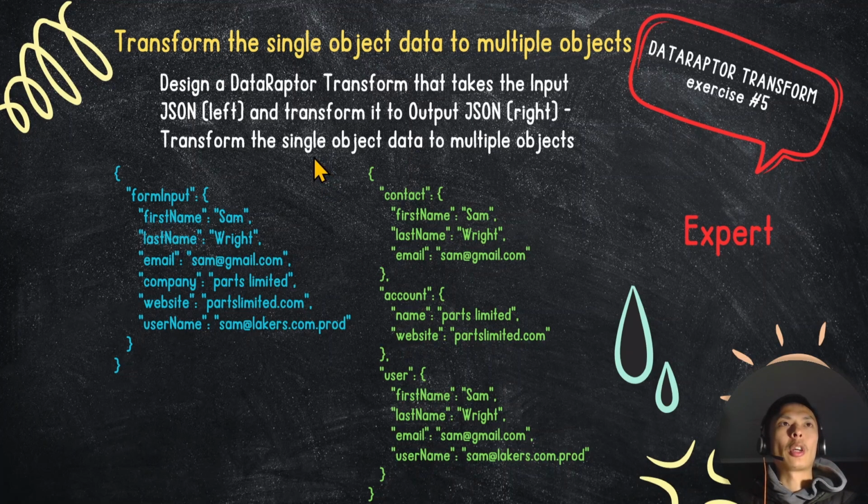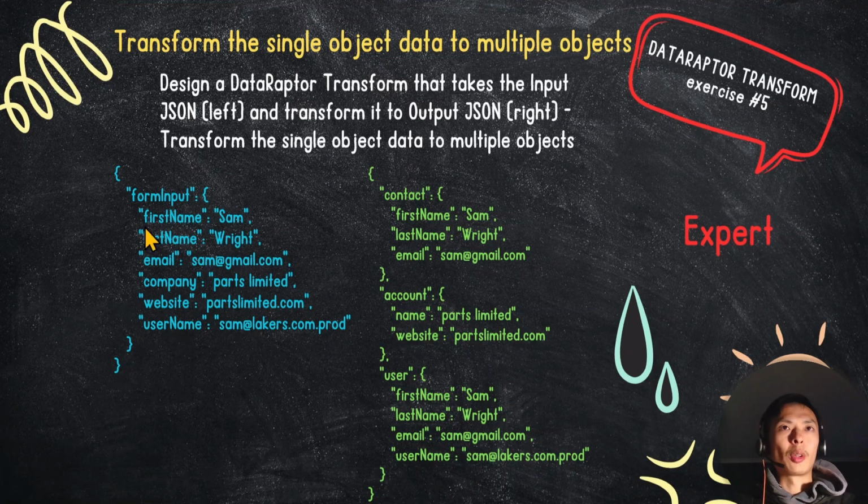So in this exercise, we will be designing a DataRaptor transform that takes this over here and separates it into different objects with the respective fields. In here we have first name, last name, email, company, website, username.